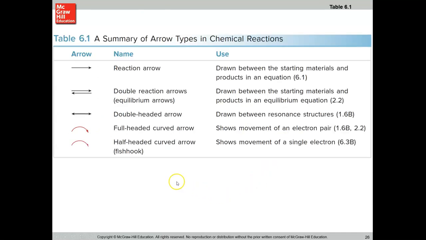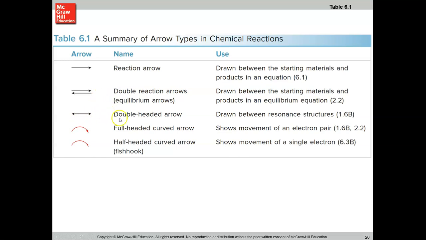And just as a review for some of the arrows that we have been discussing in this class, and again, just to know the difference, reaction arrows are drawn between starting materials and the products. Double reaction arrows, we're looking at equilibrium. Remember, we looked at those when we were looking at the pKa's and deciding if something was going to go to the products or back to the reactants based off pKa values of our acids.